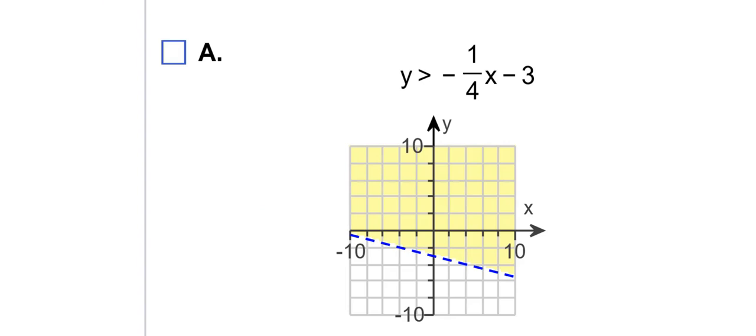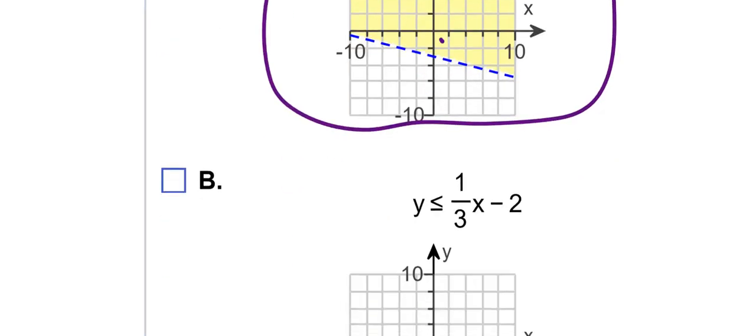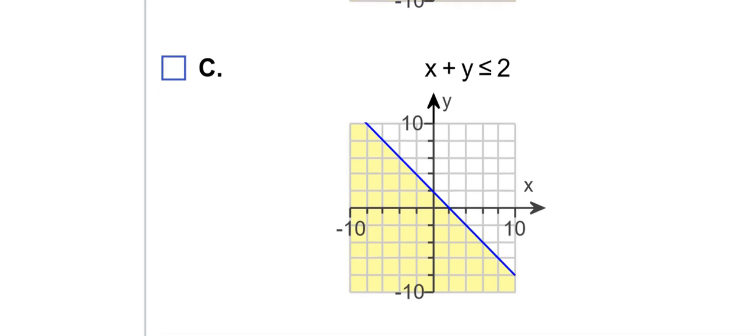Did A work? What was it, 1, -1? Yeah, A does work. Yep, it's in the yellow. Alright. See, 1, -1. B didn't work. C, oh, that's going to be a definite yes. Right there.